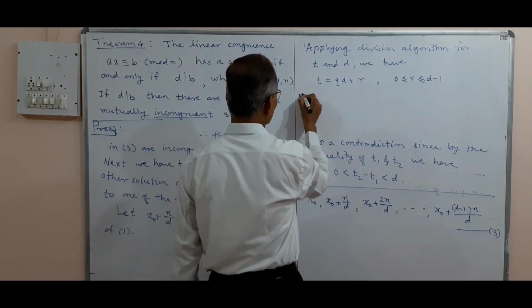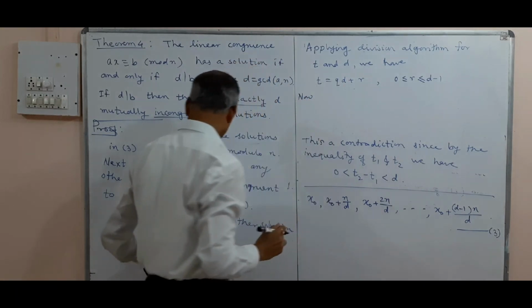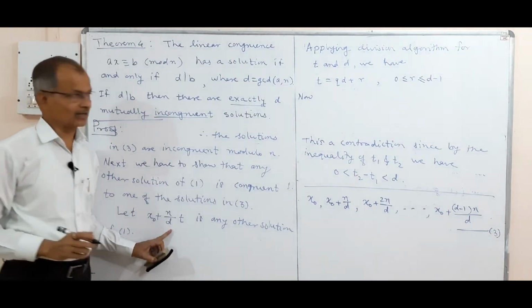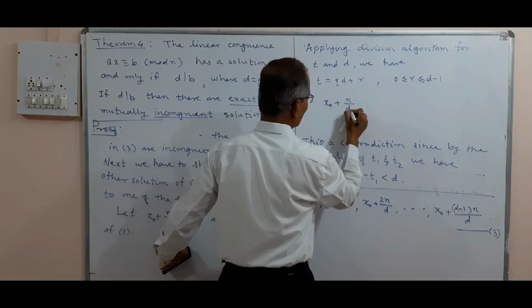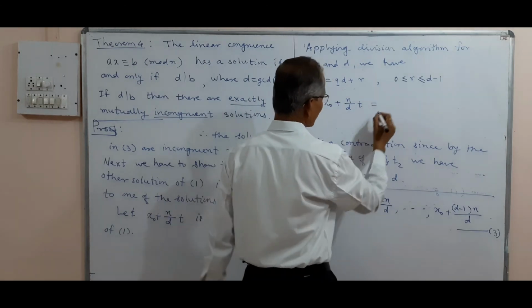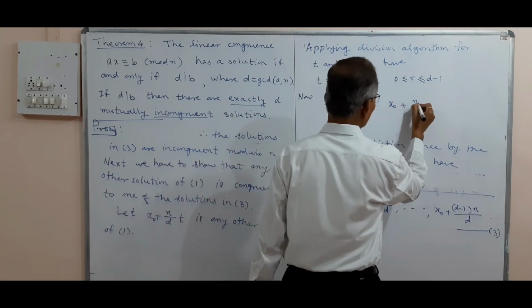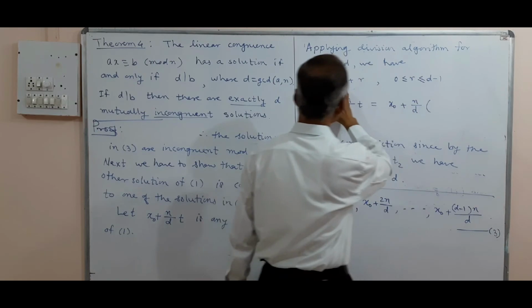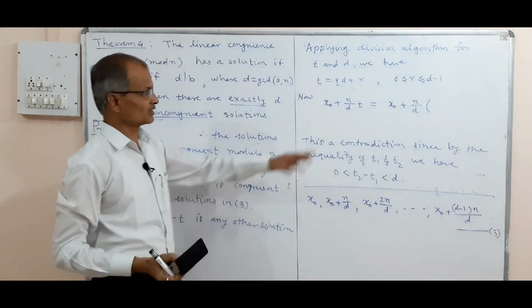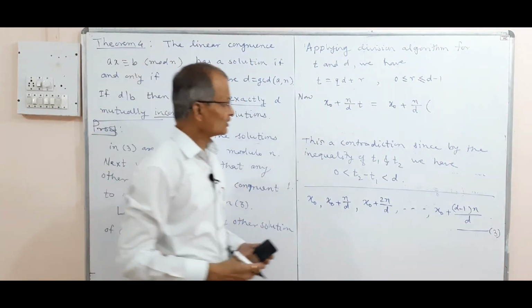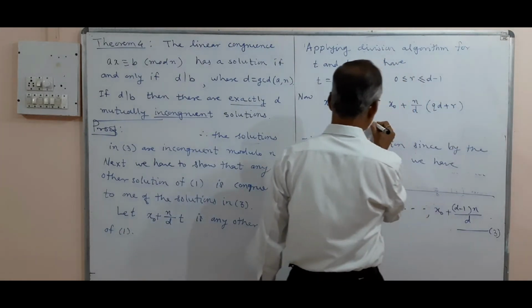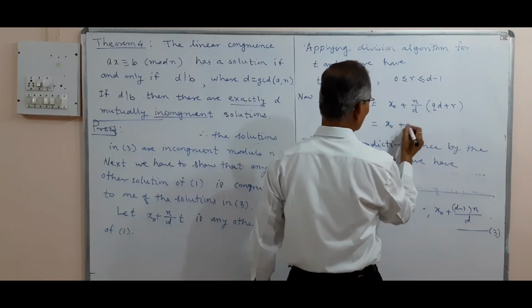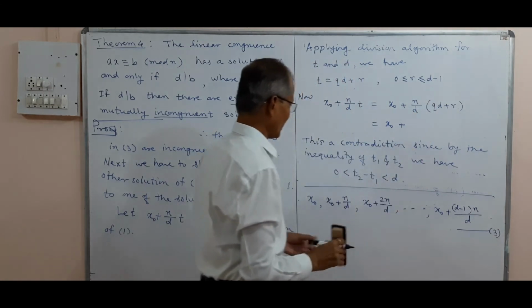And now we shall consider again this solution, x naught plus n by d into t. This is equal to x naught plus n by d, and by the division algorithm we have expressed t as qd plus r. So we write it here qd plus r, or the left side is x naught plus, multiply inside the bracket.